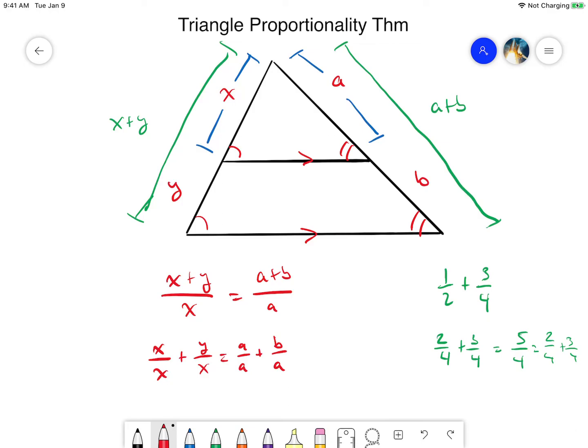Now, what's something that you notice that now appears on both sides? Can anybody tell me? What's any number over itself? 1, right? So if we look over here on this side, we have x over x, and we have a over a.